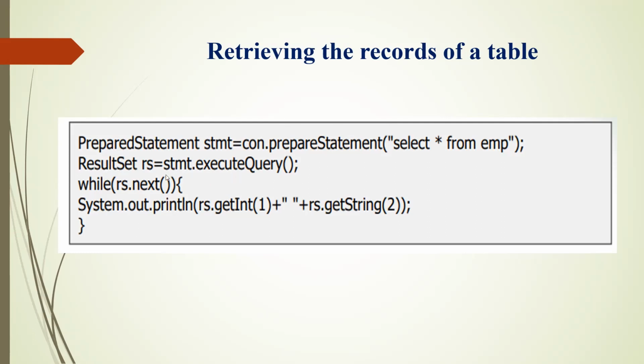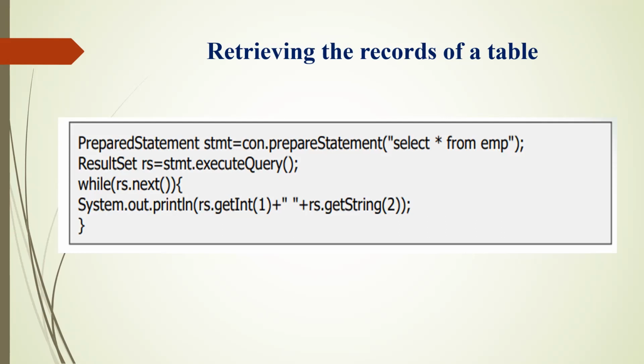We have to execute the query with the help of the executeQuery method: statement.executeQuery(). Suppose 10 records are there in the employee table. Those 10 records will be stored in rs. rs is the ResultSet, which carries all the data that the query is selecting. So here 10 records will be available in the result set rs. rs.next().